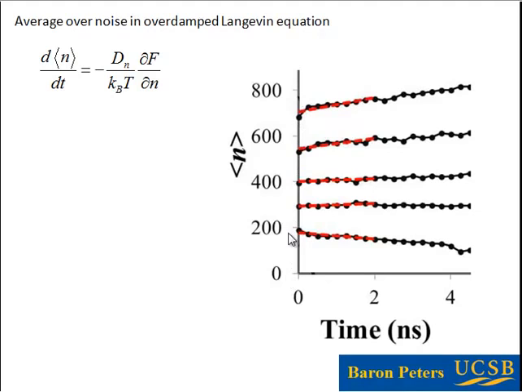When you start with a seed of initial size 200, it initially begins to shrink, and right around the size of 300 or so, 300 to 400 seems to be in the vicinity of the critical nucleus size, because on average these things are basically staying on top of the nucleation barrier. And notice that they stay up there on the time scale of nanoseconds, right? They really take a long time to move.